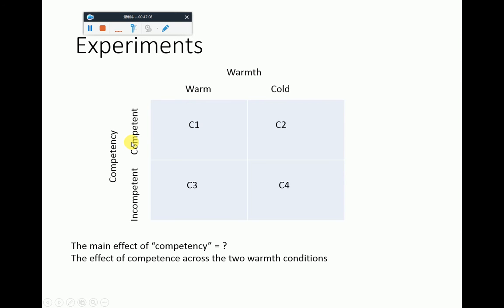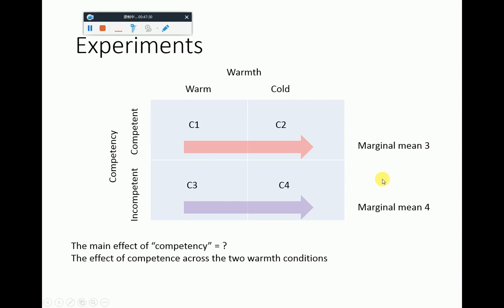So similarly, we'll have these two conditions constituting the competent condition, and similarly we have these two conditions constituting the incompetent condition. So accordingly, we will also have two marginal means at the margin. Not means in the cell, but means at the margin.